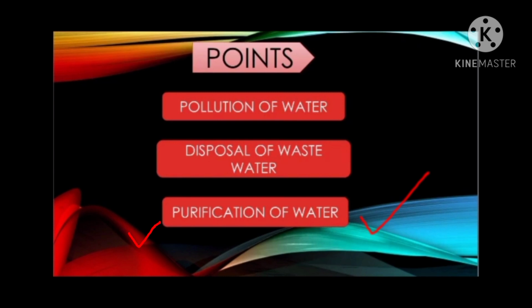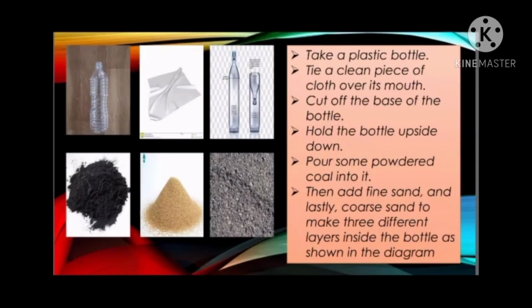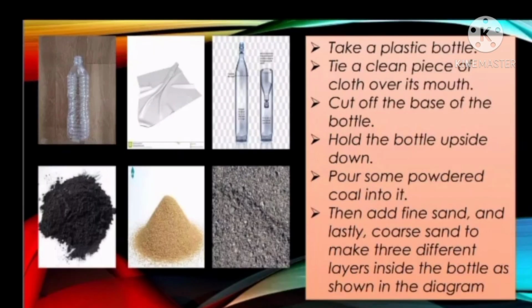Now, today we are going to start with some more points in the same chapter, that is purification of water along with its activity, water works and methods of purification. So let's start. Here an activity is given on page number 78.